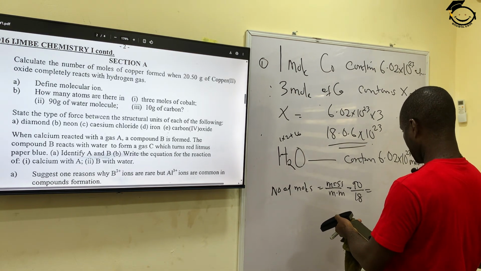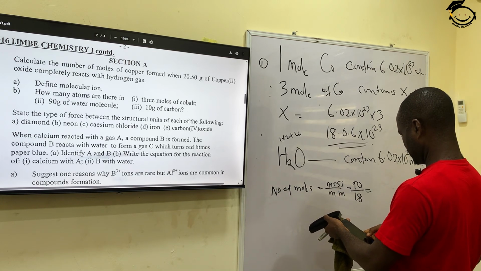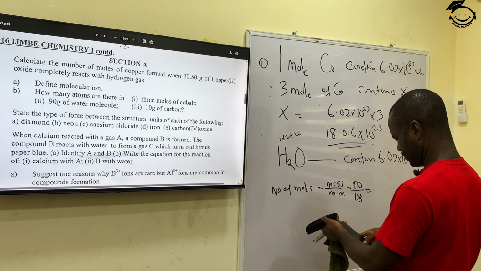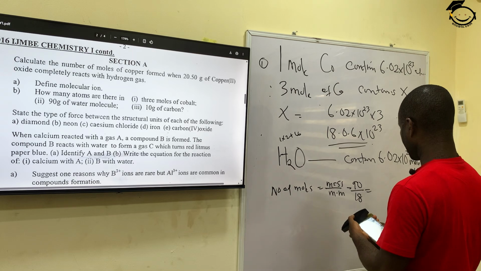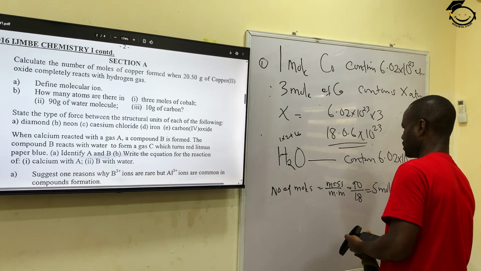Molar mass of water, 90 divided by 18. Okay, this gives us 5. This is 5 moles.